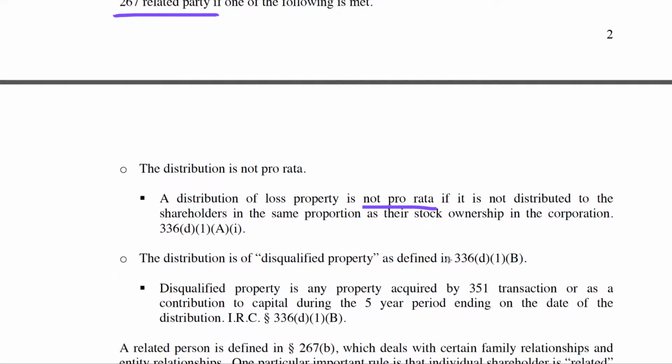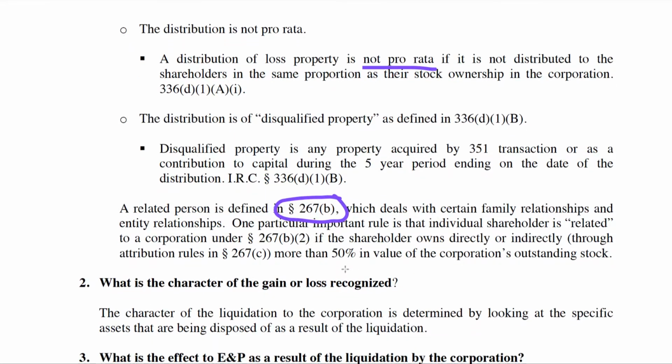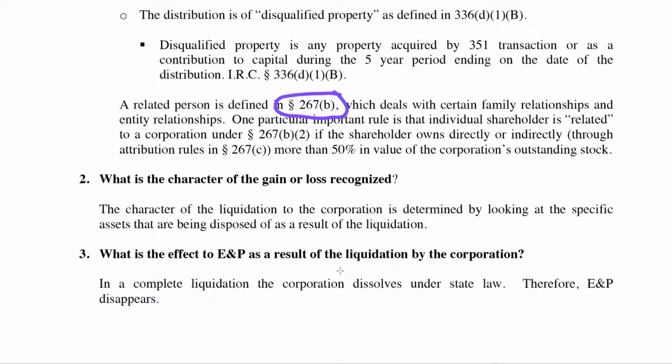Also, the distribution is of disqualified property, which I have here: any property acquired by a Section 351 transaction or as a contribution to capital during the 5-year period ending on the date of distribution. The related person rules are found in Section 267. So we look at family members, we look at entities, all those different things, which I have some rules summarized here, but you can look at Section 267. Okay, what about the character of the gain or loss?